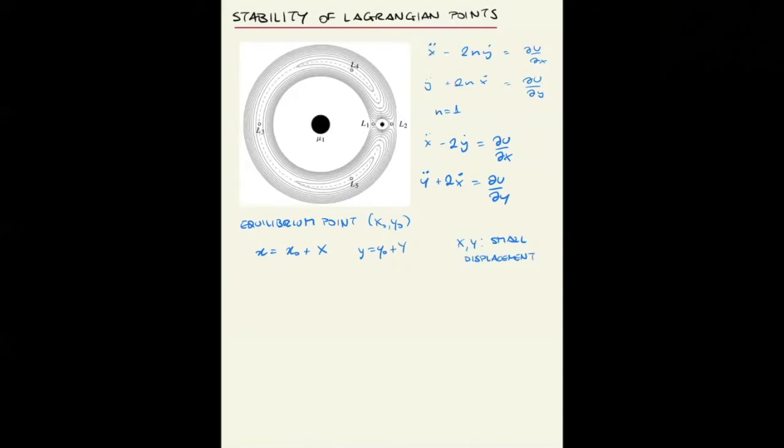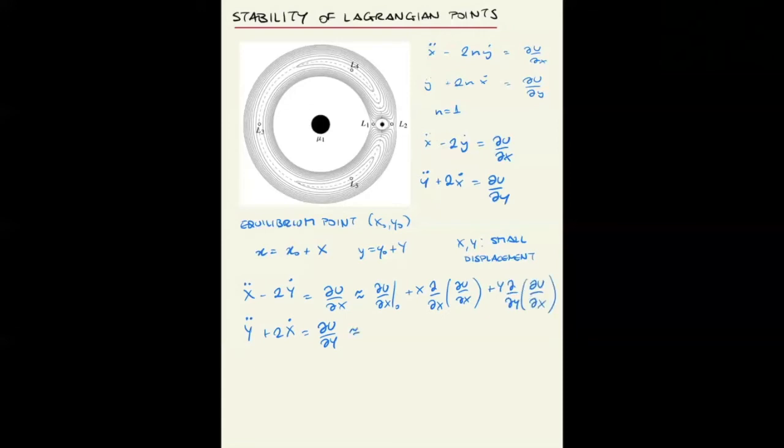So we can substitute these equations into the equation of motion, and therefore around the equilibrium point, we have pretty much the same equations, but only for the small displacement. Let's expand now the right-hand side, the derivatives, in Taylor series. So this is du/dx at the equilibrium point, plus x times the first derivative in x of the function, which is du/dx, plus y times the derivative in y of the function, again, which is du/dx.